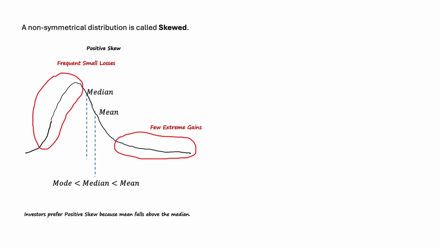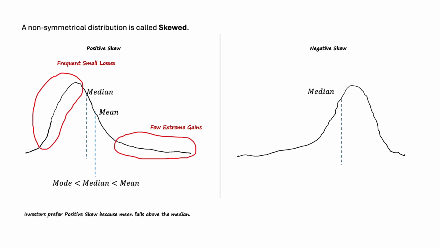So investors typically prefer positive skew because the mean falls above the median. Now, if we have a negative skew, the graph looks like this, and here the median is above your mean. And so in this case, the mean is less than your median, which is less than your mode. It is the exact inverse of that.